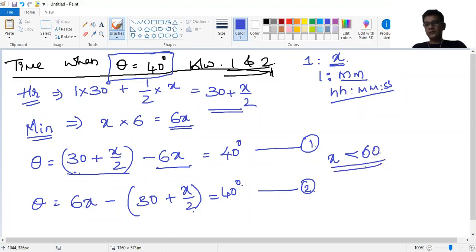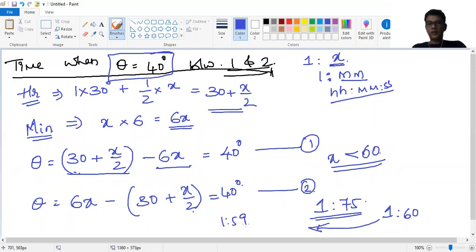Do you know why? Have you ever seen a time which says 1:75? No. Have you ever seen a time which says 1:60? No. The worst you would have seen is 1:59:59. Why? Because as soon as it strikes 60, this 1 will become 2. So you are now nowhere between 1 and 2.